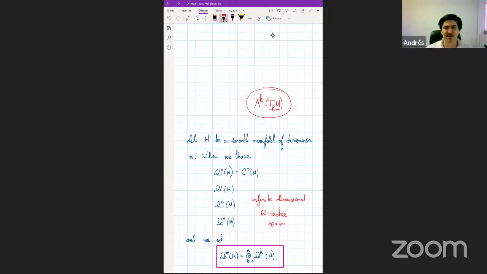Do you remember the dimension of that? H of k. Right, very good. And that's the reason that we stop at n, and there is nothing for n plus 1, n plus 2, and so on. Great.